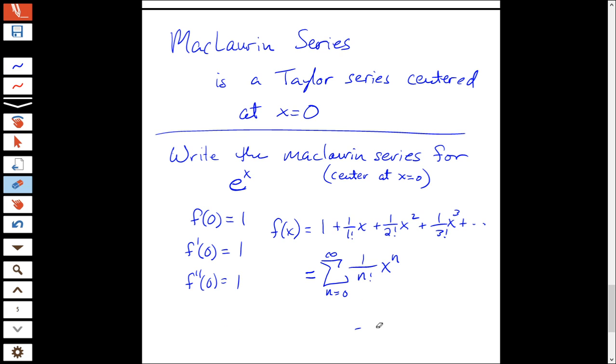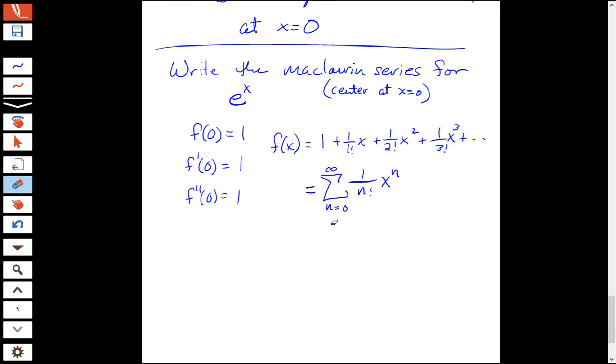We can find the interval and radius of convergence of this series by, again, applying the ratio test. So take the limit as n goes to infinity of 1 over n plus 1 factorial x to the n plus 1, all over 1 over n factorial x to the n.